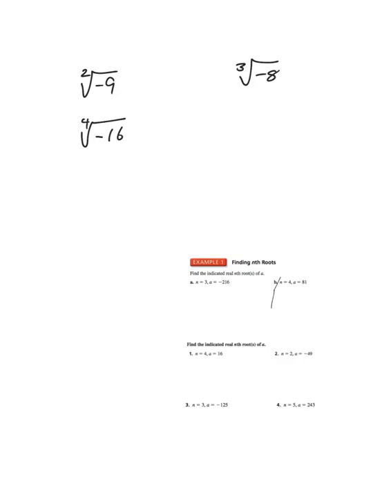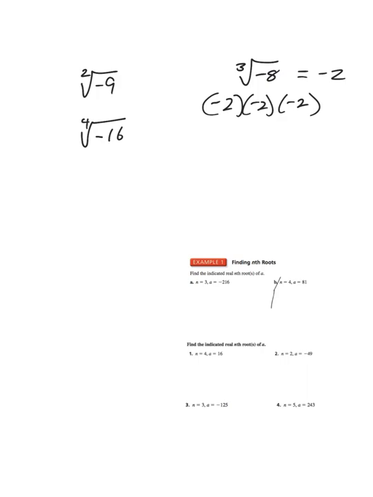Does it have a real answer? Yep, negative 2. Negative 2 times negative 2 times negative 2 equals negative 8. So the cube root of negative 8 is equal to negative 2.